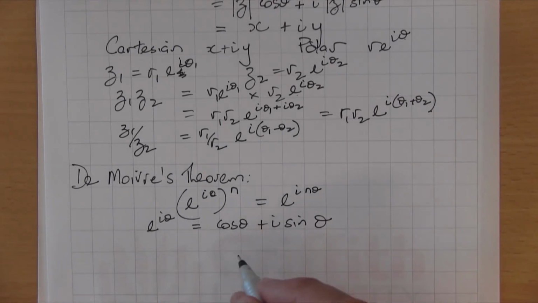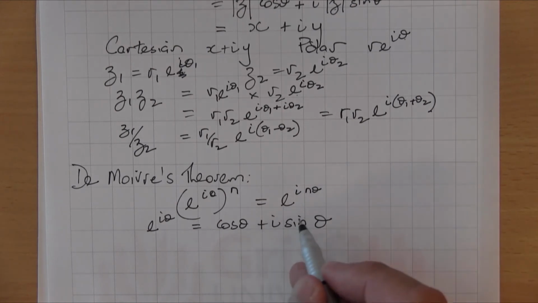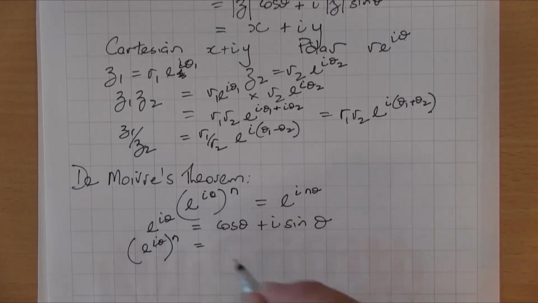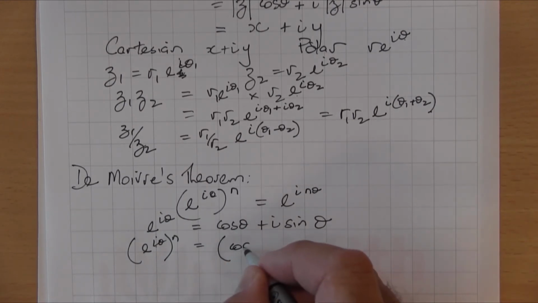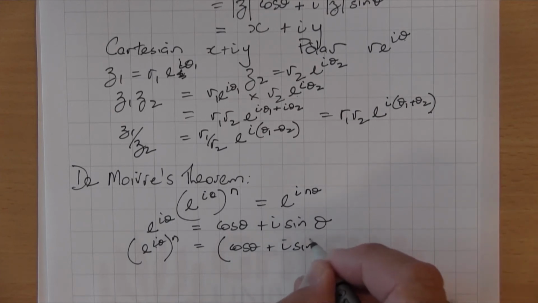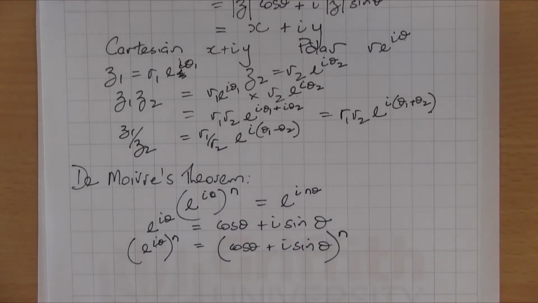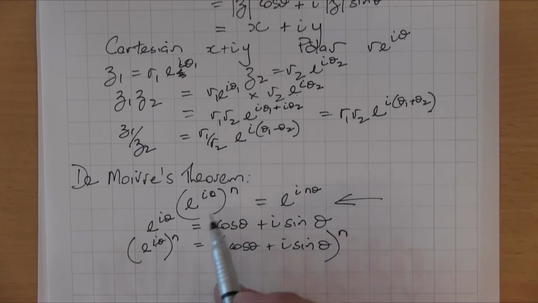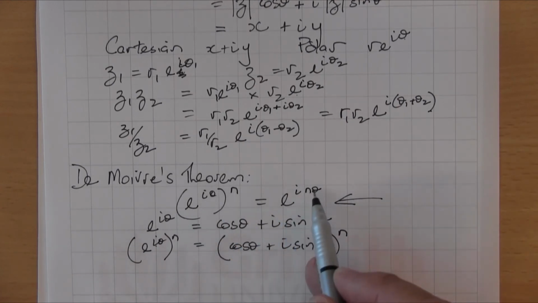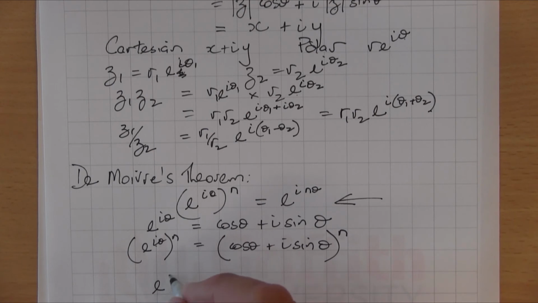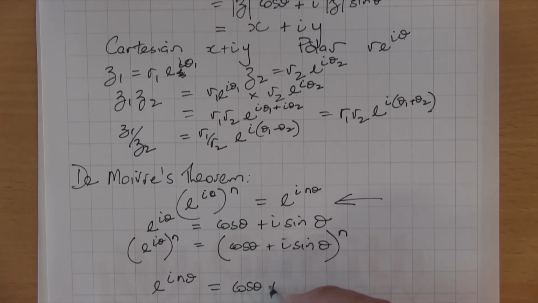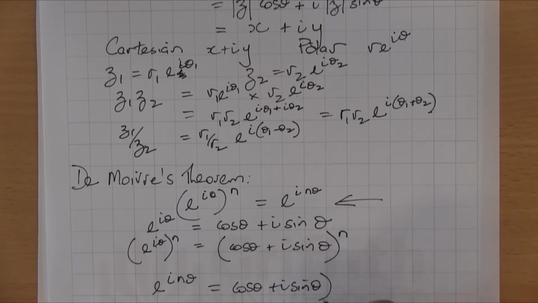So if we raise this to the nth power and we raise that to the nth power, we've got e to the i theta all raised to the power of n is equal to cos theta plus i sine theta all raised to the power of n. From this line here, we know that this left-hand side we can rewrite to e to the i n theta equals, we'll leave this one as it is, cos theta plus i sine theta raised to the power of n.